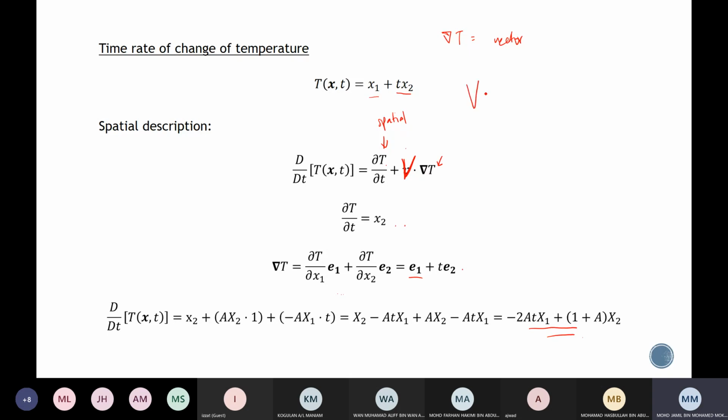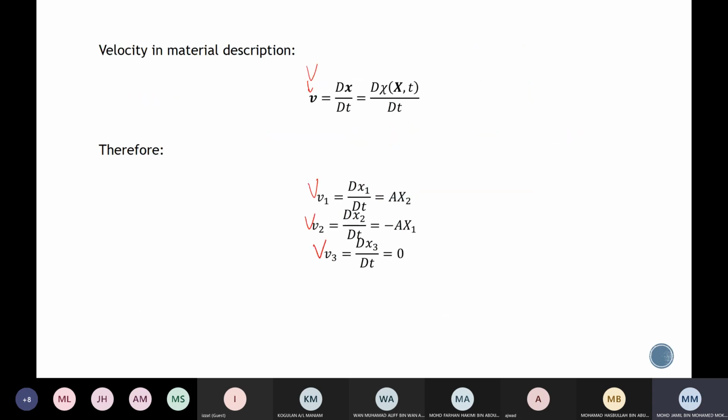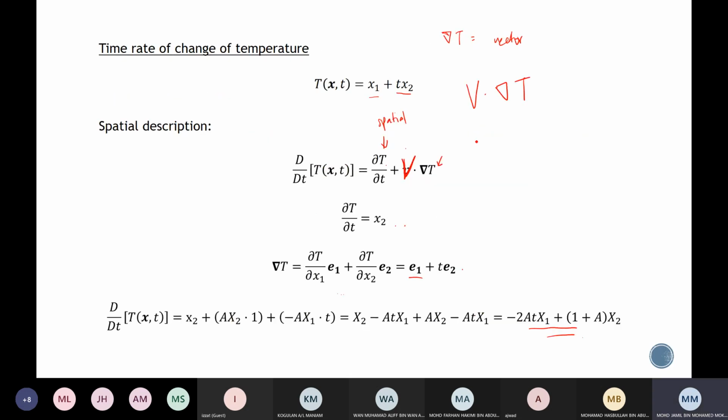So you need V dot del T. So V1, V2 just now, that is negative aX1. So we have aX2 dot with E1 plus negative aX1 dot with T E2. So here you get this part here. Okay, del T this one. So X2 plus this.